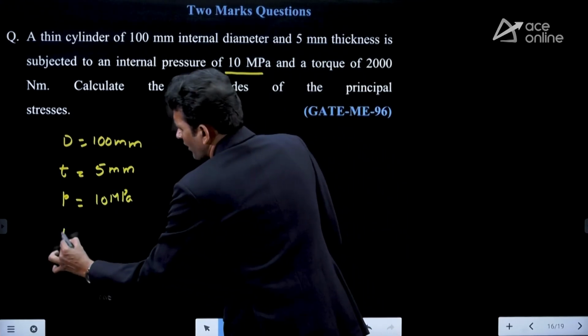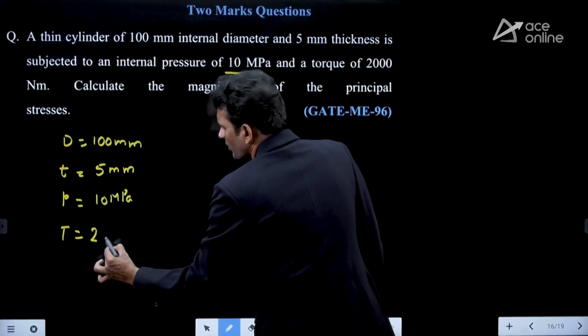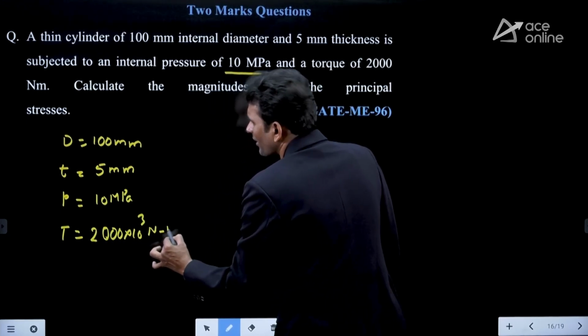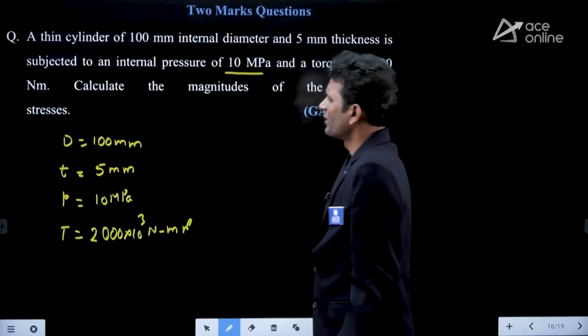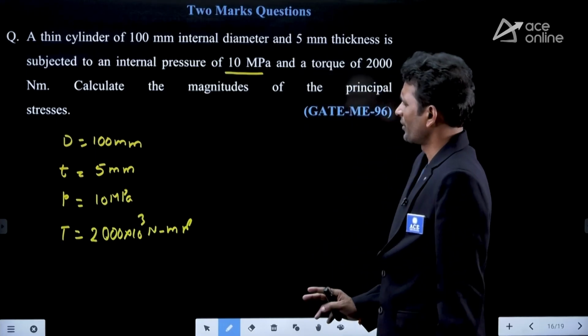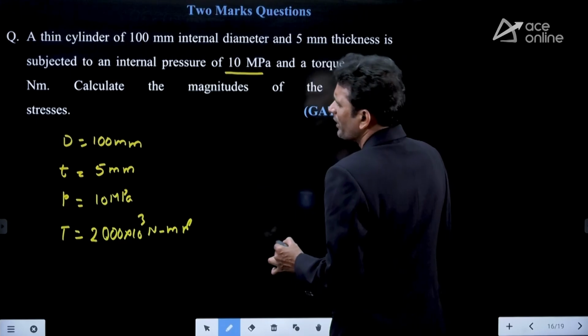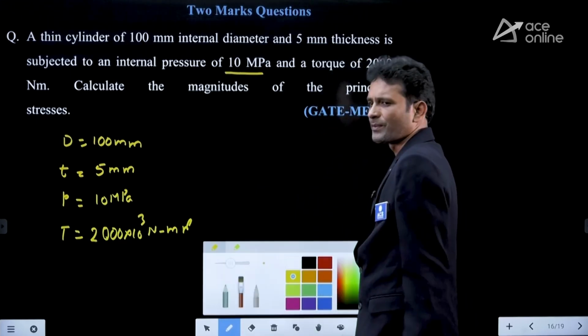And the applied torque is 2000 into 10 cube Newton mm. This is the state of loads and the corresponding data provided for the cylinder. We need to find out the principal stresses.